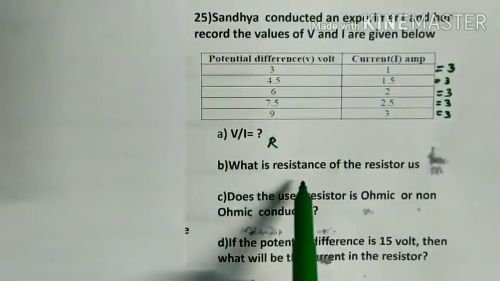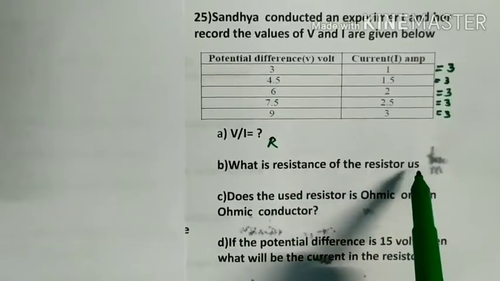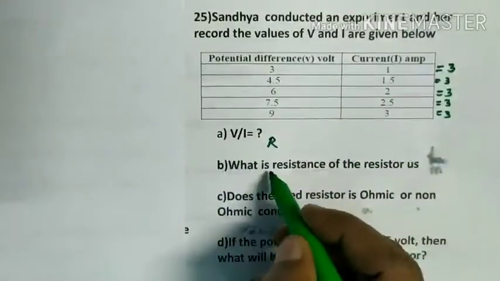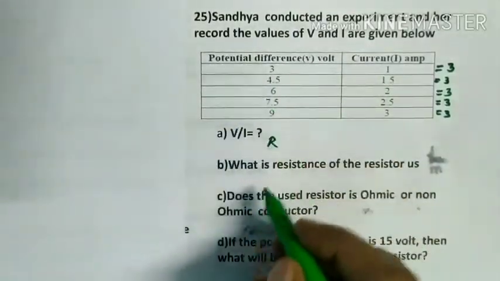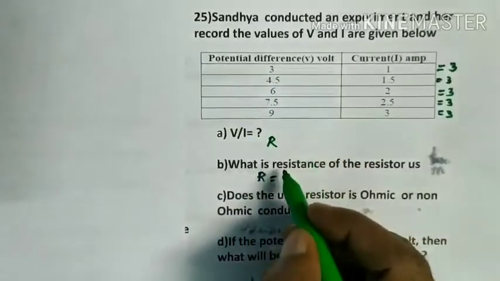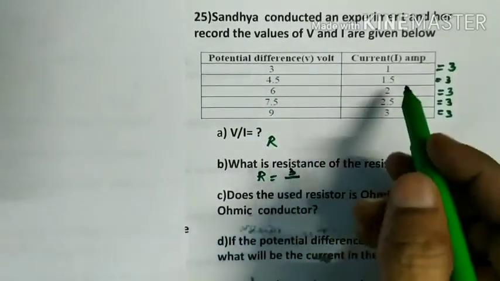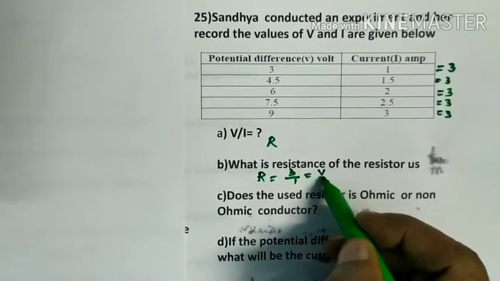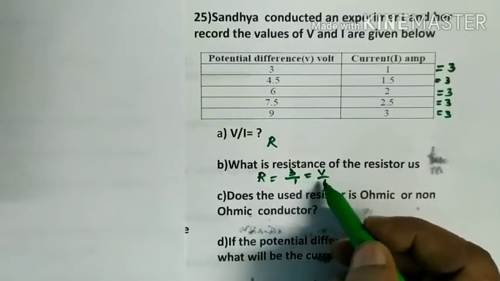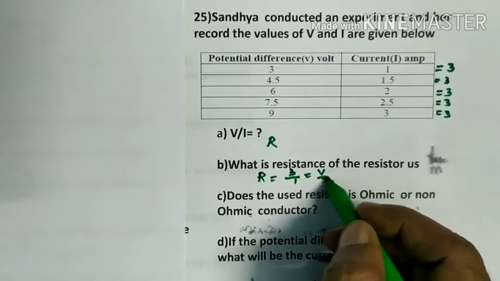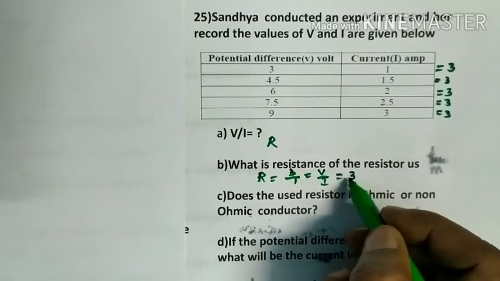Next question. What is the resistance of the resistor? Take any one column here, that is 3 by 1. R equal to 3 by 1. That means R equal to V by I. So V is equal to 3 volts, I is equal to 1 ampere. That means 3 by 1 equal to 3.